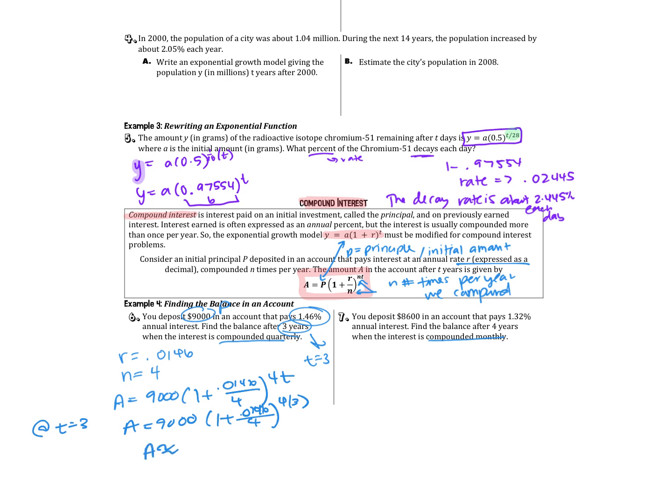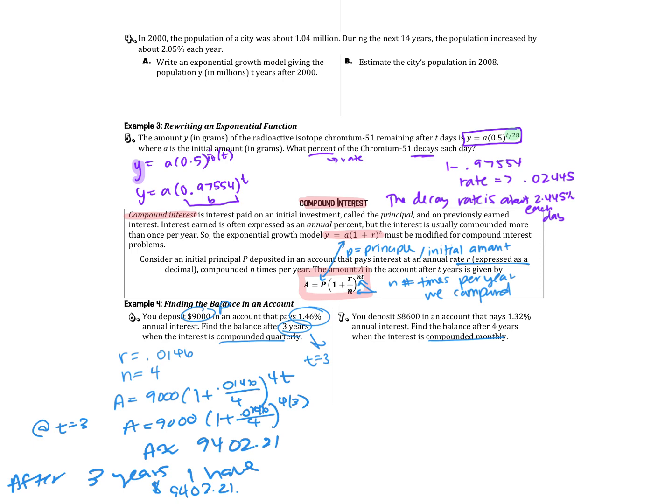Do it in pieces so that you don't make any mistakes. So go ahead and try that calculation on your own and then unpause the video and see how you did. Then write your answer in a complete sentence. So after 3 years, I have $9,402.21.